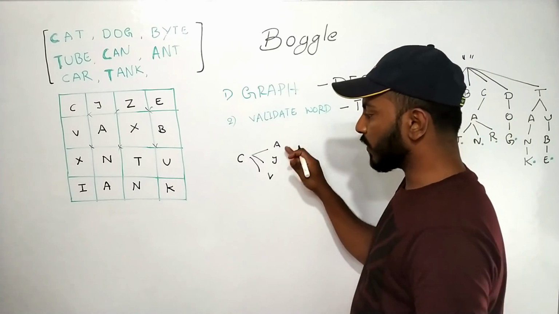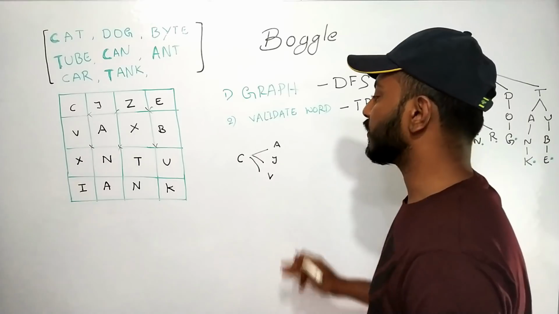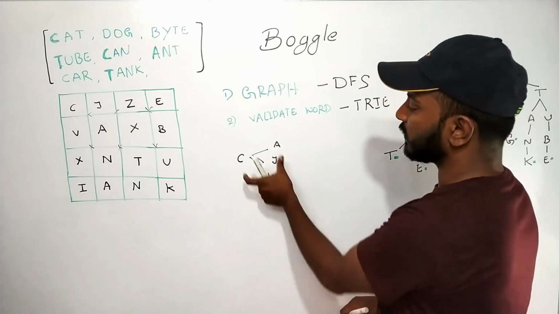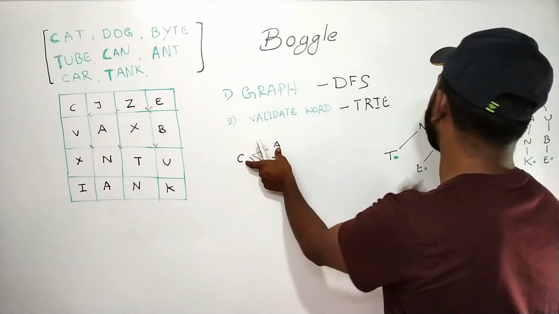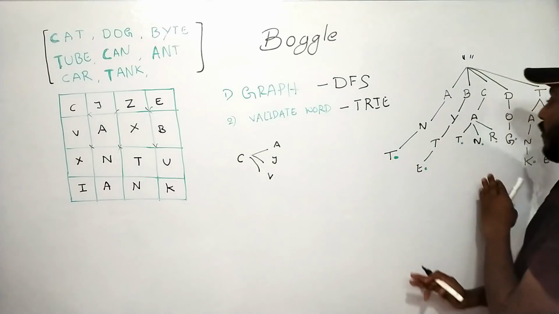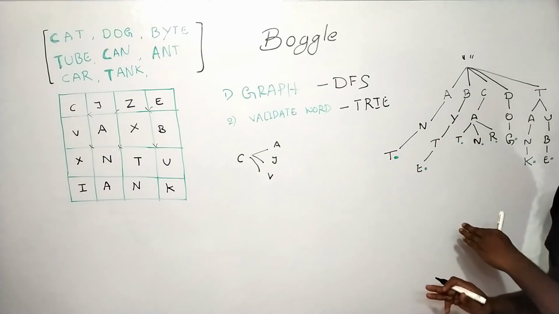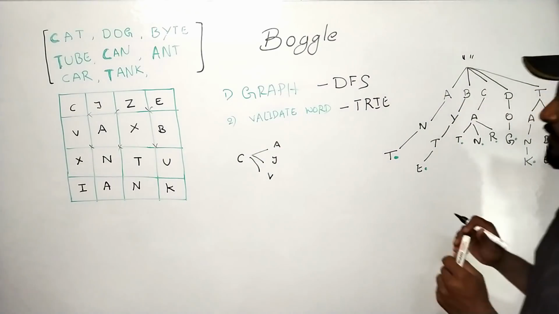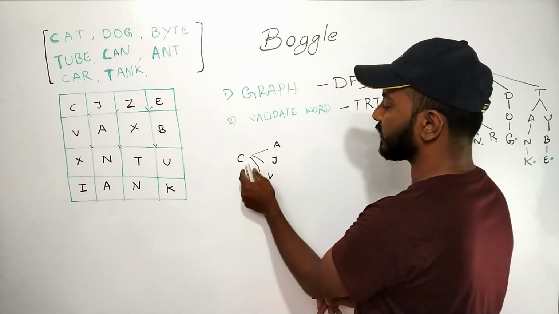Before going deeper, we need to keep checking whether the combination is available in the trie data structure or not. So now the combination over here is CA.